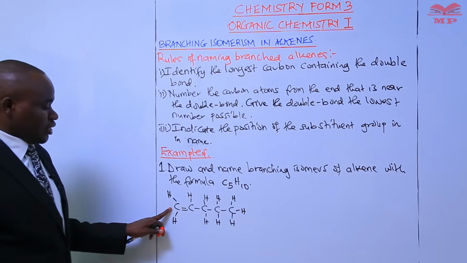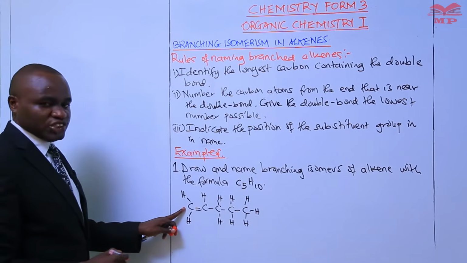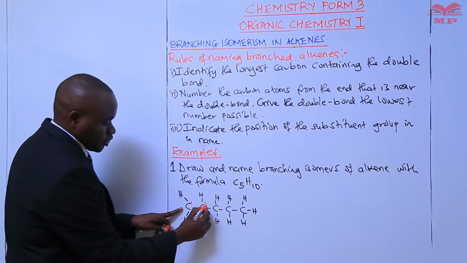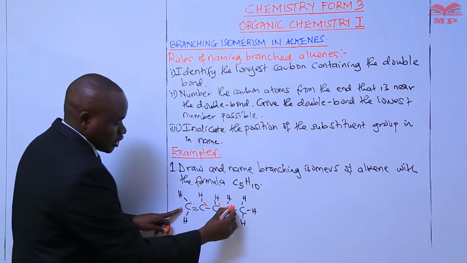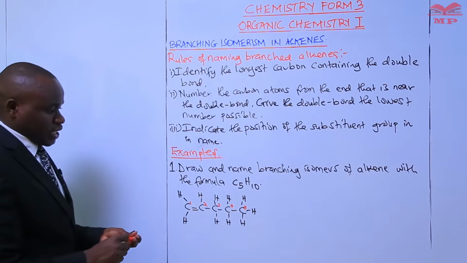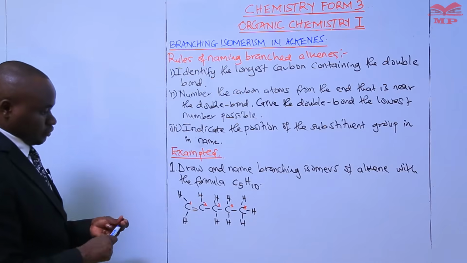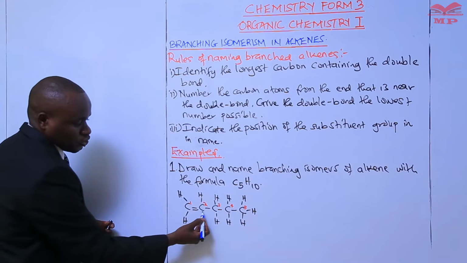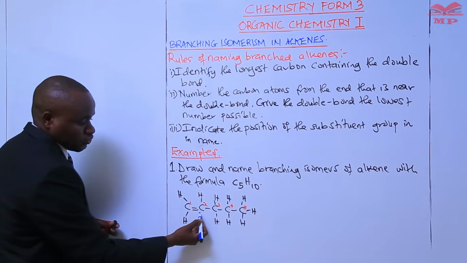Now, when naming the carbon atoms, we always should label from the end that is near the double bond. So the double bond is near the left hand side. So our numbering will be from the left going towards the right hand side. Therefore, we get this alkene. So the correct name will be based on the position of the double bond.